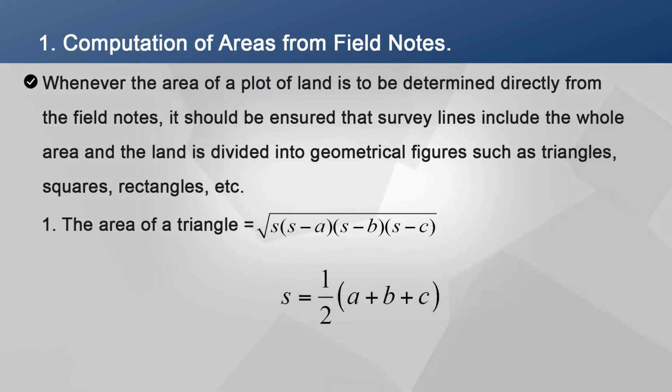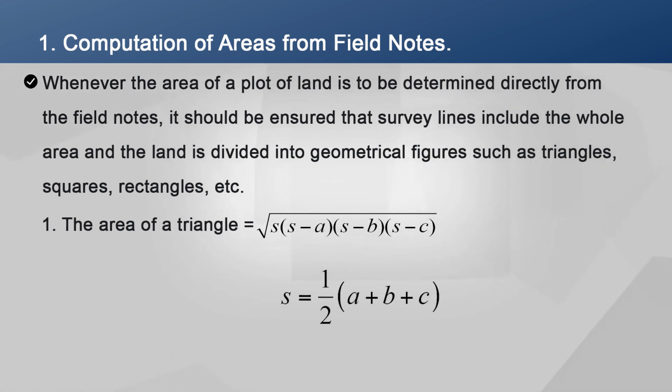The first one is the area of a triangle. This is a very well known equation. Area of triangle is equal to root over s into (s minus a) into (s minus b) into (s minus c). What are a, b, c? a, b, c are the sides of the triangle.